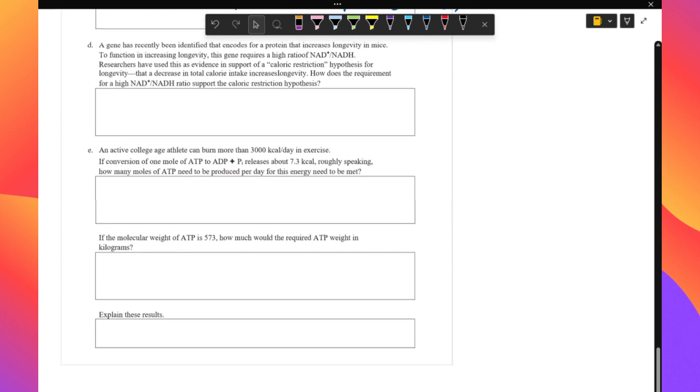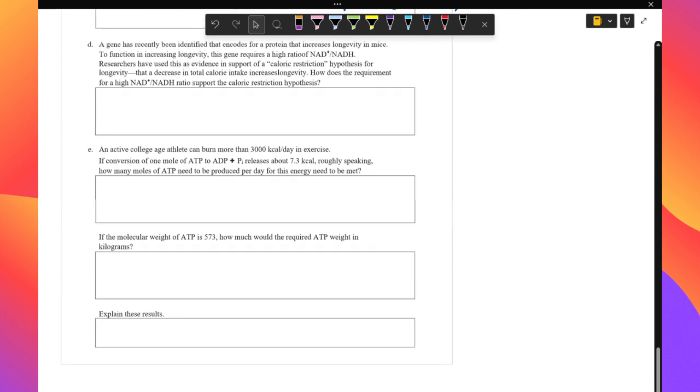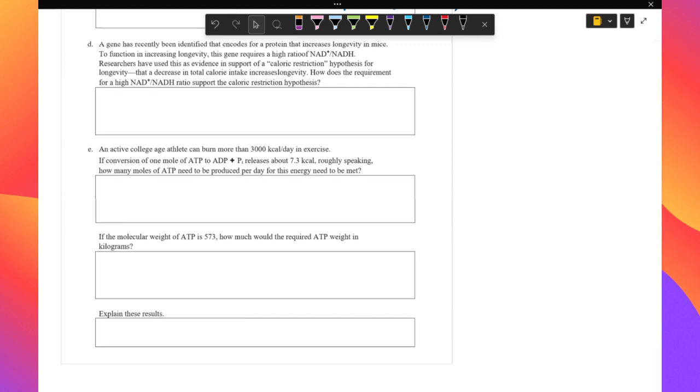So it's not just that cellular respiration is efficient, the stepwise process is important for managing the release of that energy so that we don't burn up into oblivion. All right.